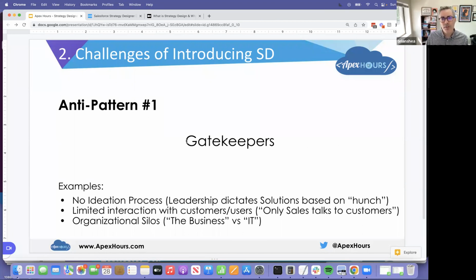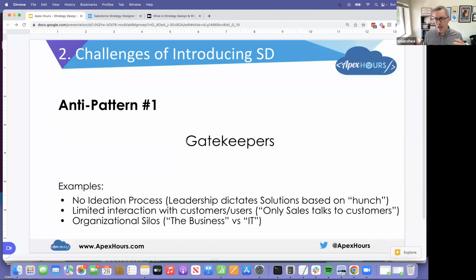One of the things we talked about with strategy design is that it's multi-perspective, right? We're trying to get the perspectives of customers, internal stakeholders, external stakeholders, and multiple people within the organization.